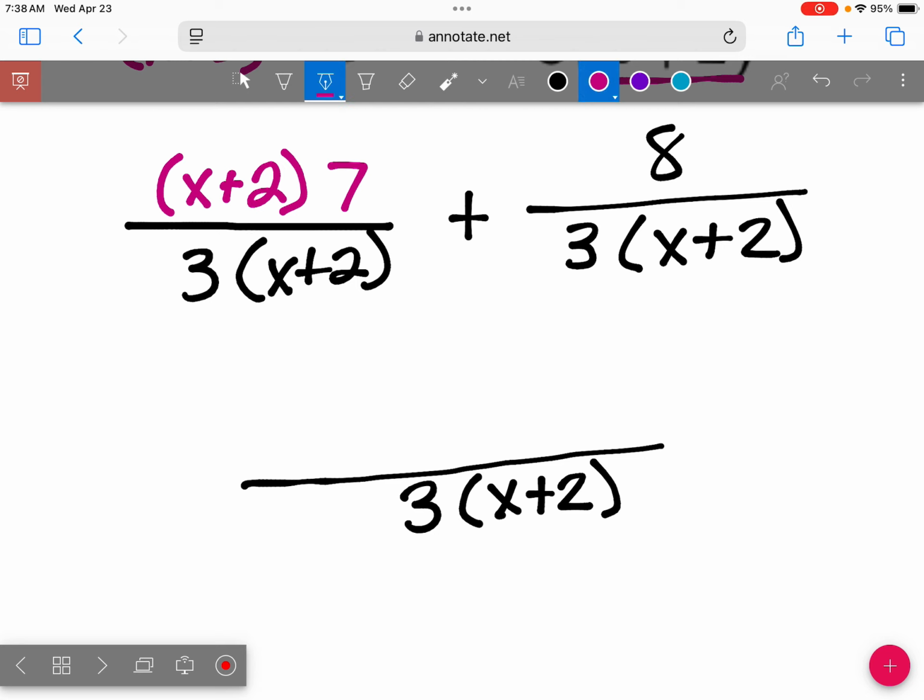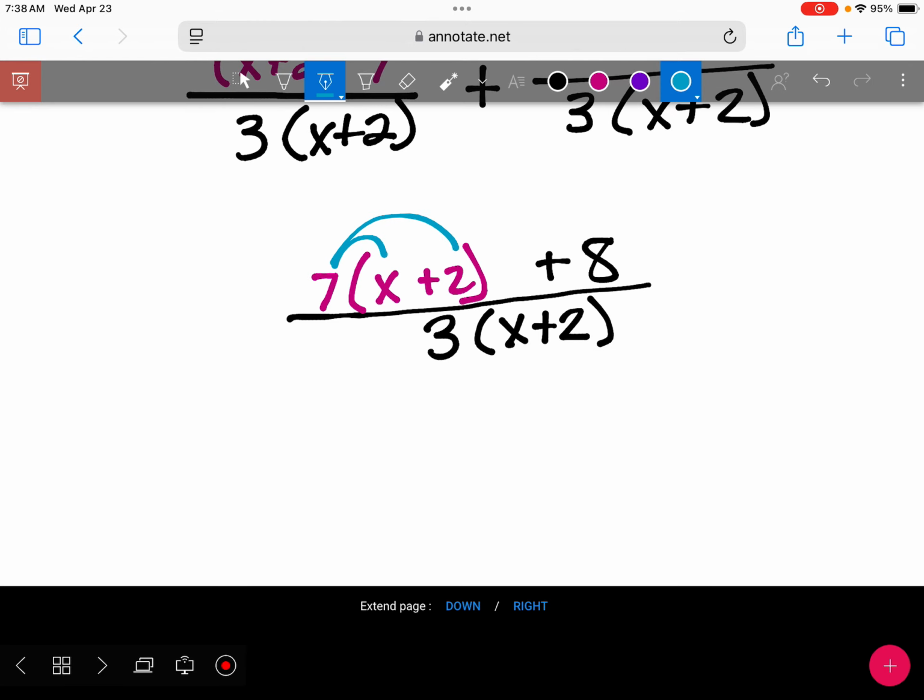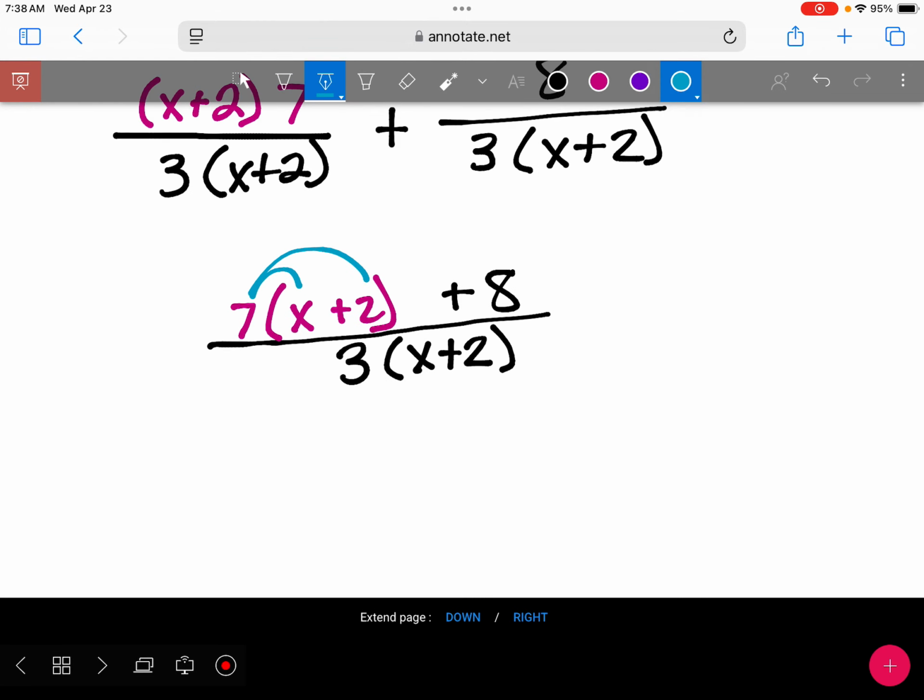Add 8. Yep. I was going to say, but can I just combine them together? Plus 8. What do I need to do before I can do any actual adding? Because what would I be adding 8 to? We're going to distribute. Multiply this thing out.